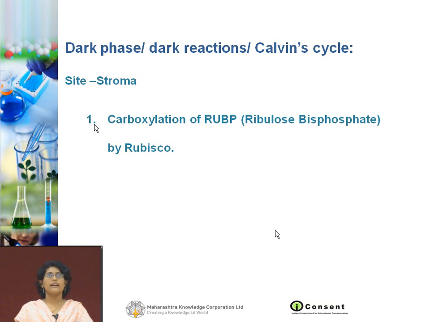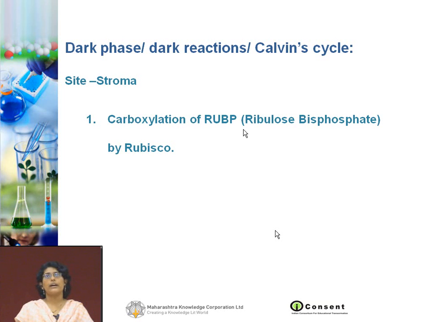In the first step, the carboxylation of RUBP, that is ribulose bisphosphate, takes place by the Rubisco enzyme. Rubisco is the enzyme which is involved in the photosynthesis reaction. It utilizes potassium as a cofactor. So in the presence of potassium as a cofactor, Rubisco carboxylates the RUBP molecules. Carboxylation means addition of carbon dioxide molecule. RUBP is ribulose bisphosphate.